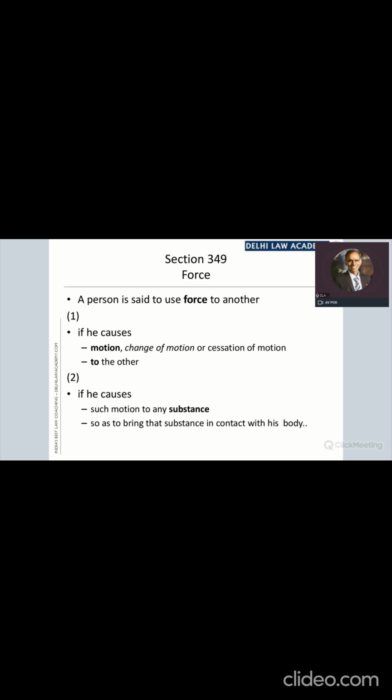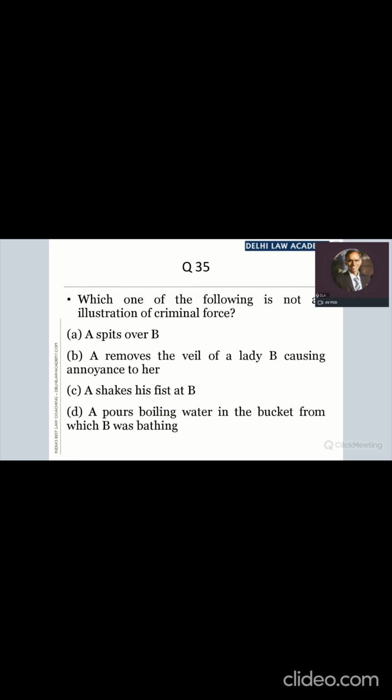Now in our question, let's see. A spits over B. In this option, is there use of force? A is not causing motion to B in any way, but what he is doing, he is causing motion to a substance.